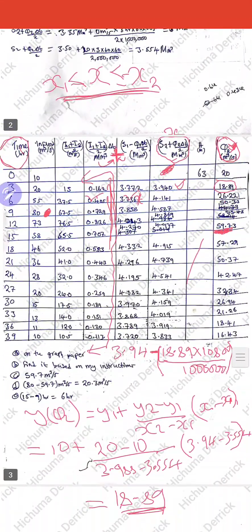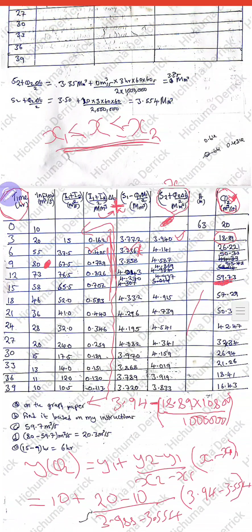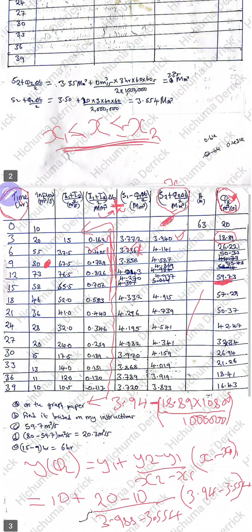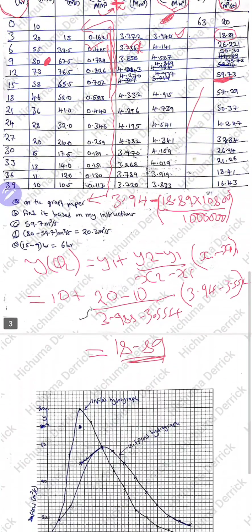Then E, time lag. Time lag also is simply the time difference between the two peaks. Okay, so for peak number 1, the time was 9 hours. Then for peak number 2, the time was 15 hours. So the difference between these two times will give you the time lag, which is 15 minus 9, 6 hours. So what it means is that when upstream was at its own peak, the volume of water was around 80.80 meter cubed per second.